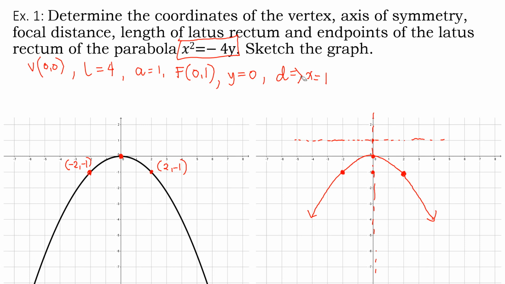Here, it must be y equals 1. And the axis of symmetry here must be x equals 0. I mistakenly interchanged those two variables.